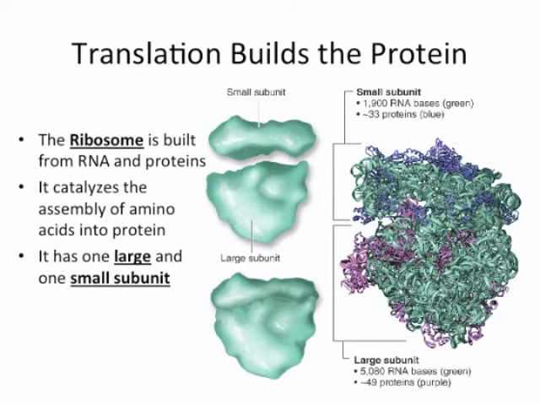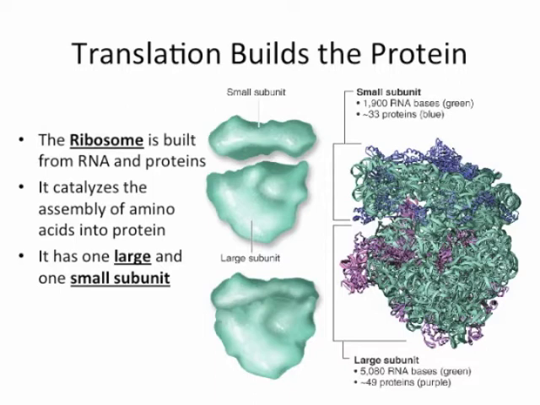It catalyzes the assembly of amino acids into a protein. So what does that tell us a ribosome is? If a ribosome is something that catalyzes a reaction, it's an enzyme. Yeah, so a ribosome is an enzyme. It's an enzyme made out of RNA mostly and proteins. So it's actually one of the few enzymes that is not entirely protein.